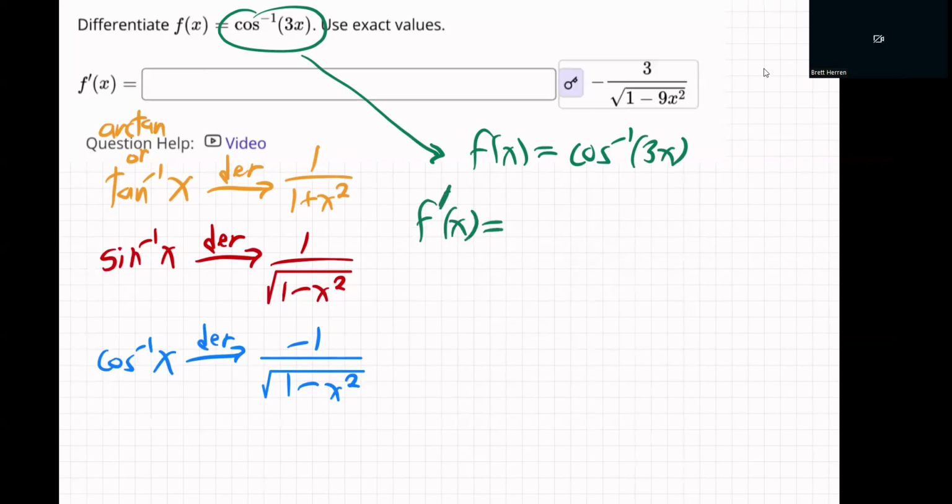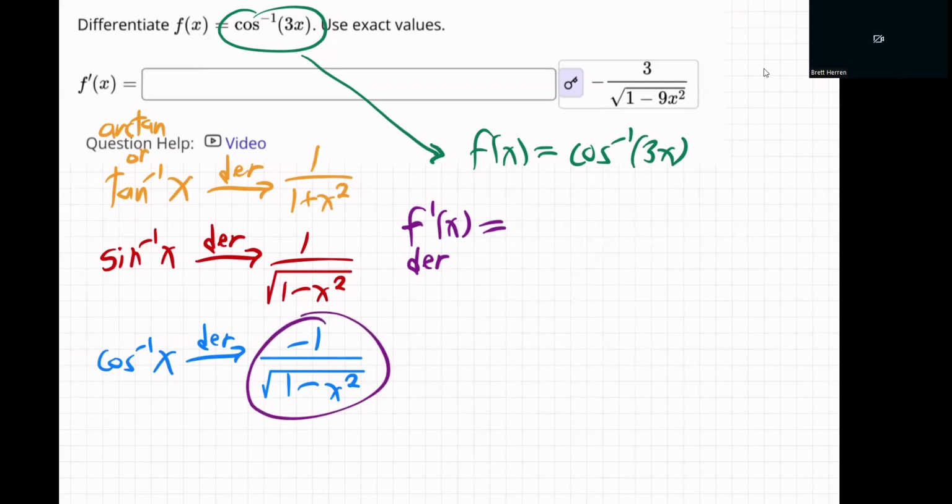So now here's the prime, the derivative. Actually, let me change the color for extra emphasis. The derivative equals, well, we're going to follow this formula right here.